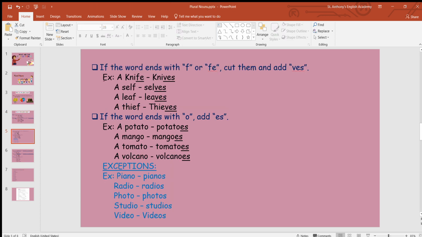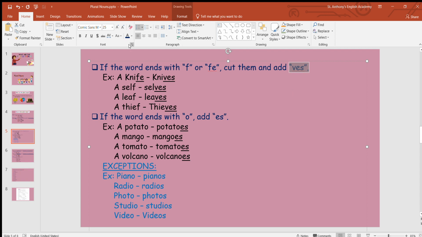The next method is, if the word ends with F or FE, you can cut these letters and add VES. That means when words end with F or FE, to form plurals you have to remove the F or FE and use VES instead.